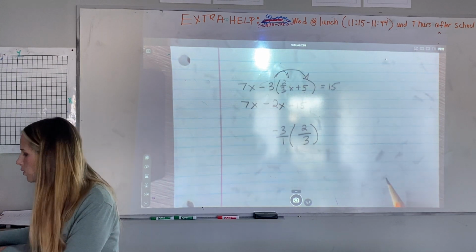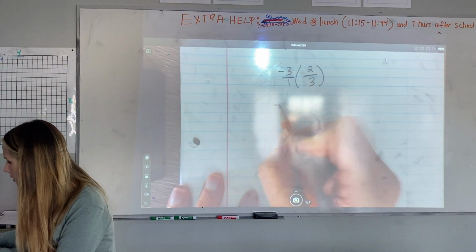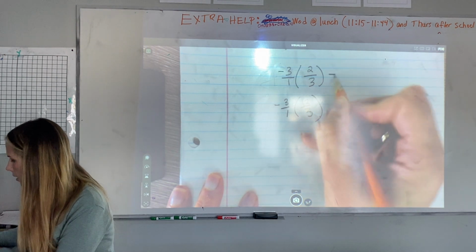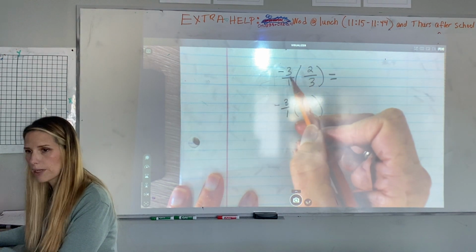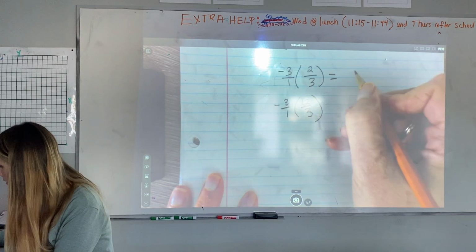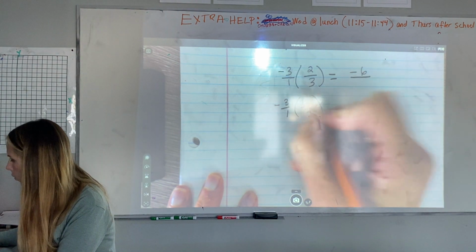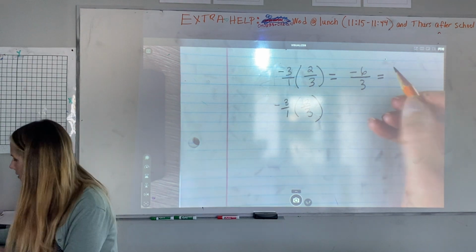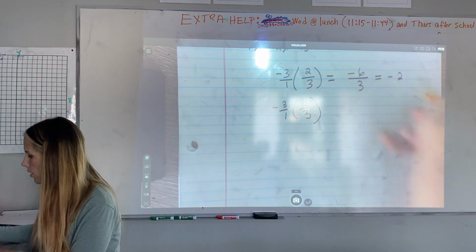There are 2 ways to do this. I'm gonna write it twice, -3 over 1 times 2/3. So you said, aren't you supposed to multiply the numerators? Yes, -6 over 3 reduces down, or divides, to -2.